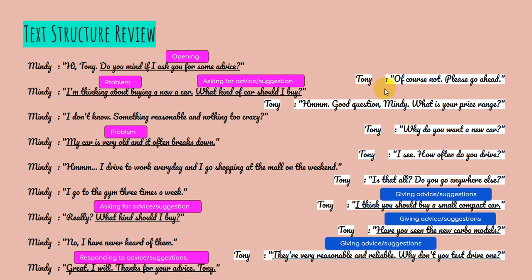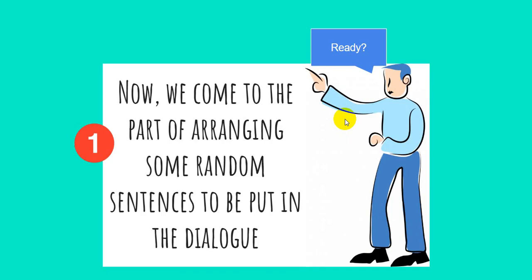Now, let's go on. After you comprehend the text structure on the previous slide, namely, you have to highlight the problem before you ask the question. Before you ask for advice, you need to understand the problem.